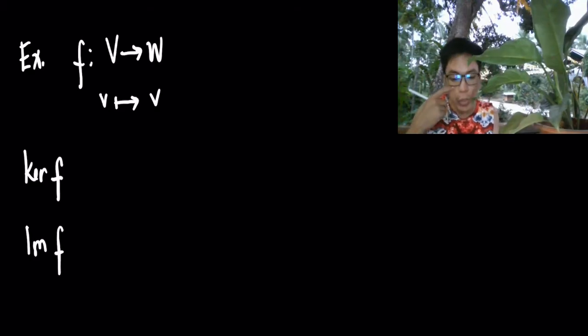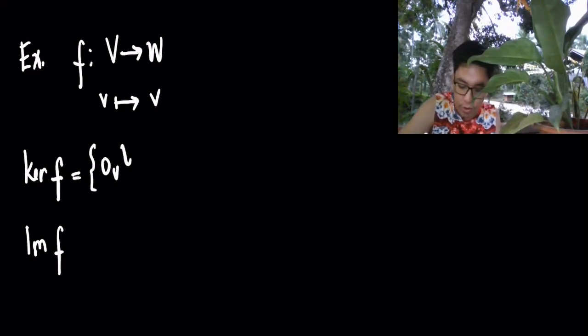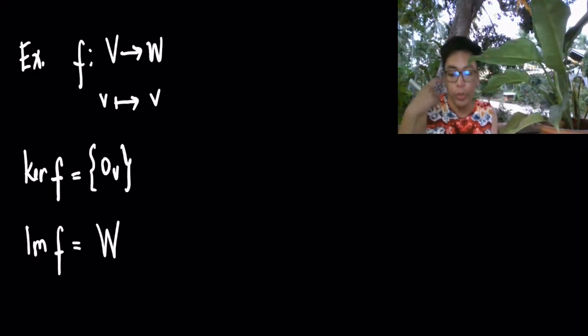If you take a look at this, the only way you can map to a zero vector is when you have a zero vector from your domain. Therefore, the kernel of F here is just the zero of the vector space V. And the image of F, in this case, is the entire V.